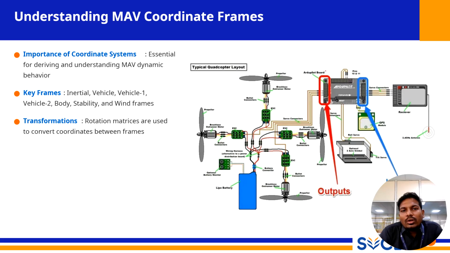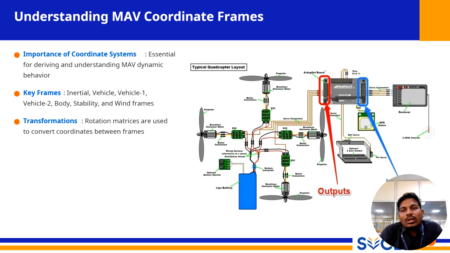This is the frame in which Newton's laws of motion apply directly. The body frame is another critical one. It is fixed to the MAV itself, with the axes typically pointing out the front, the right wing, and down through the bottom of the aircraft.